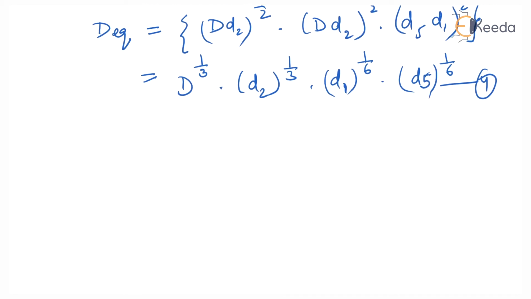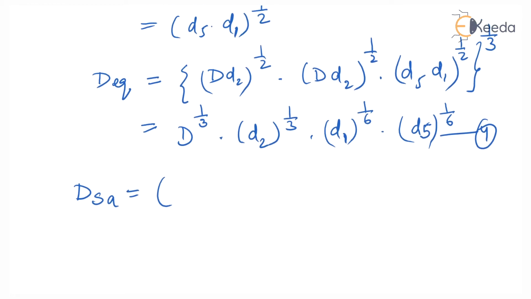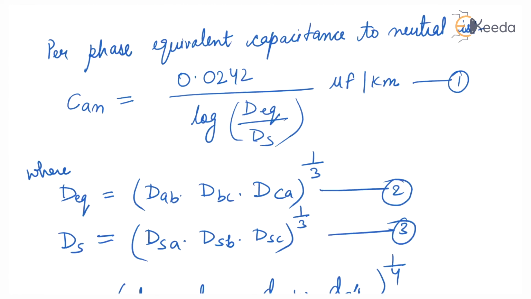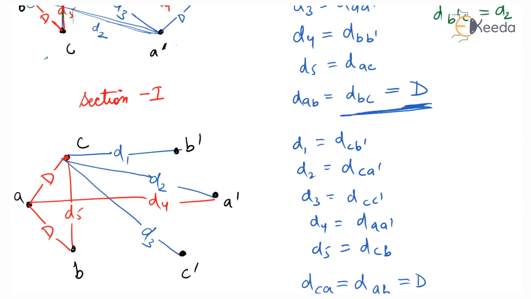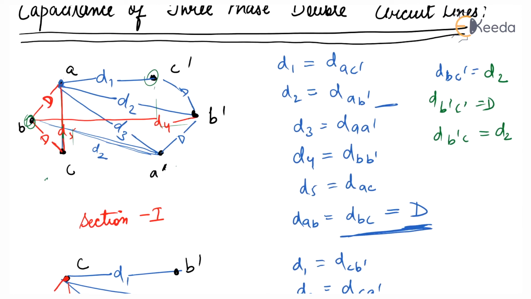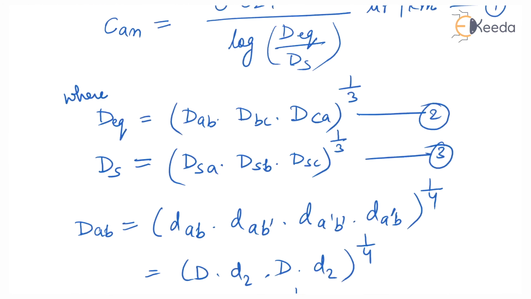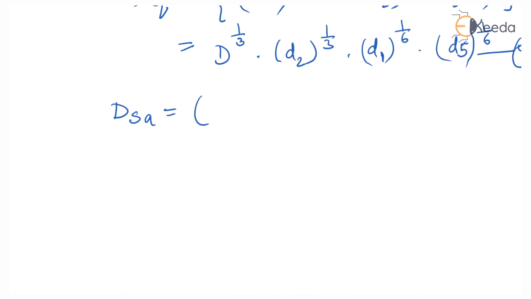Now calculate DS. So DS is equal to DSA into DSB into DSC. So DSA is the self geometrical mean distance for conductor A. For conductor A to A, it is for section 1. For conductor A to A dash, it is R into D3, so R into D3 to the power 1 by 2.